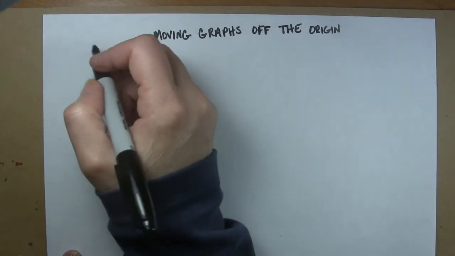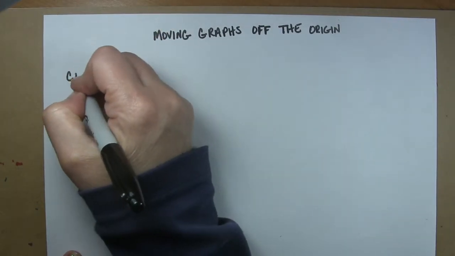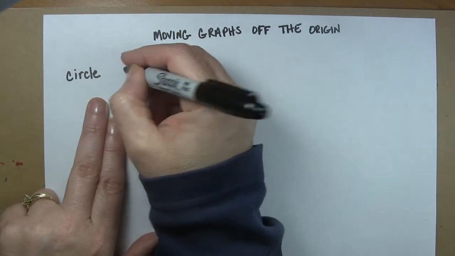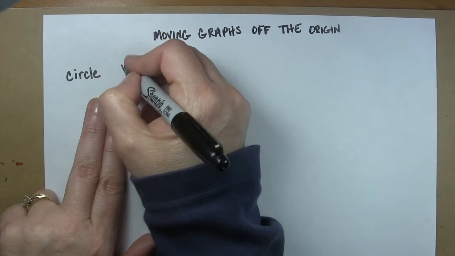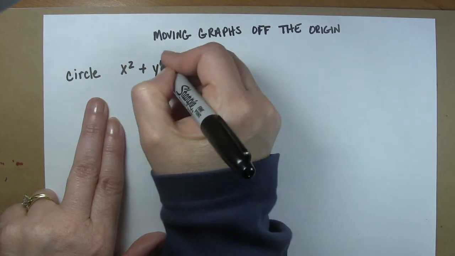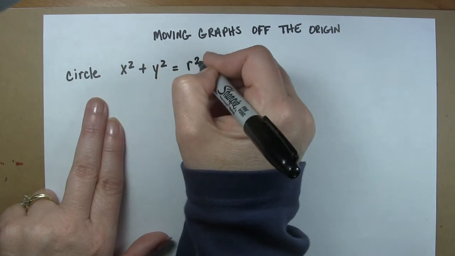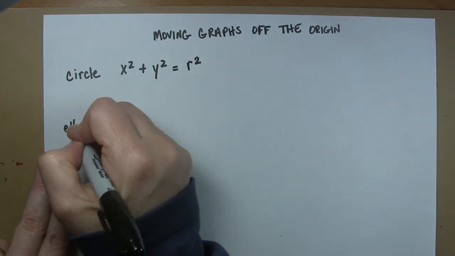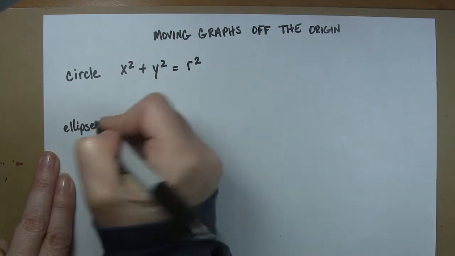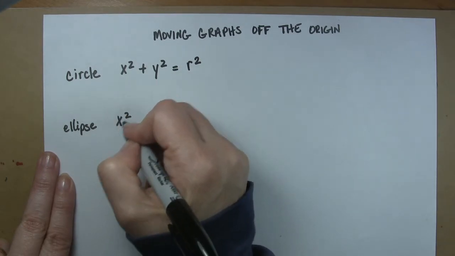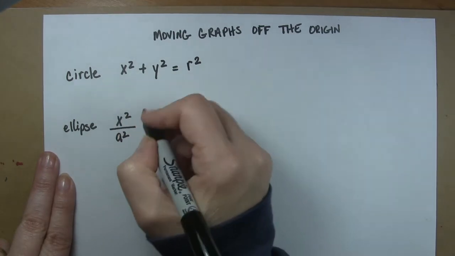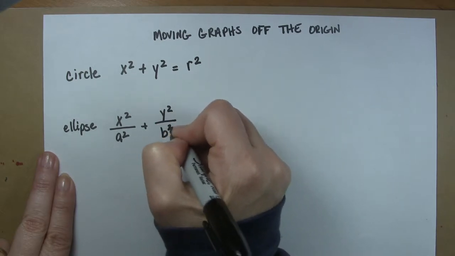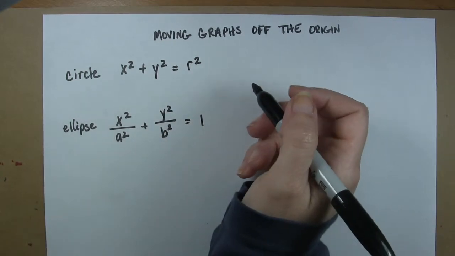So the first thing that I want to talk about is the lovely circle. You know that the general equation for a circle is x squared plus y squared equals r squared. And we know that the ellipse has the general equation of x squared over a squared plus y squared over b squared equals 1.